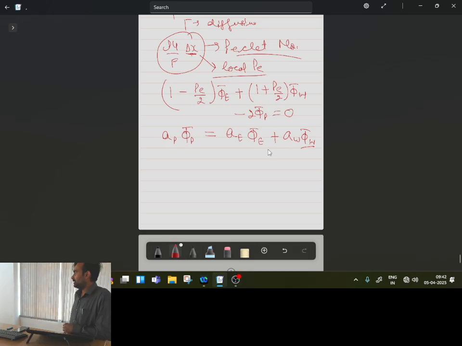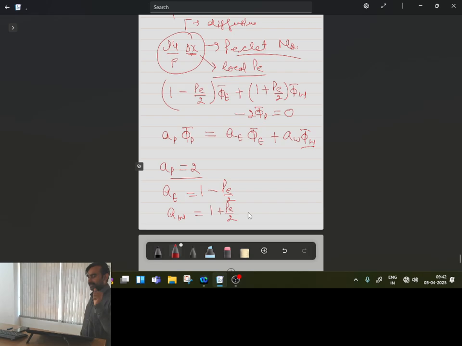So from here my AP will be equal to 2, AE will be equal to 1 minus Peclet number by 2, and AW will be equal to 1 plus Peclet number by 2.